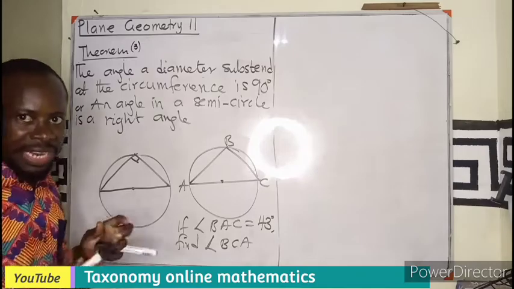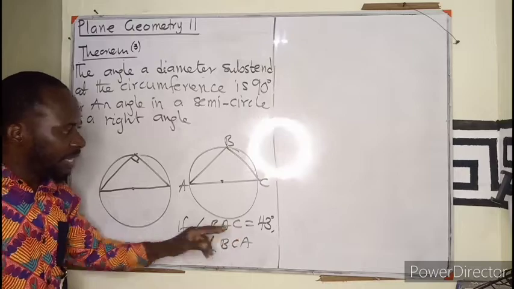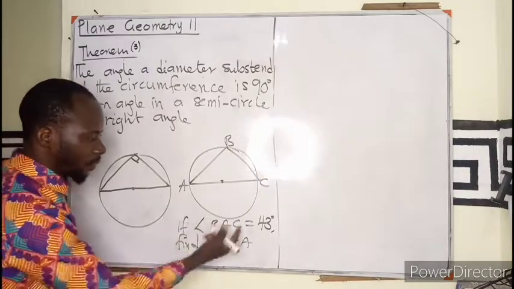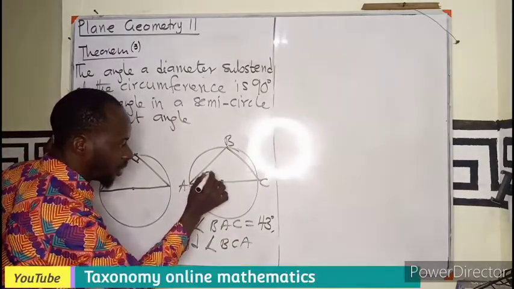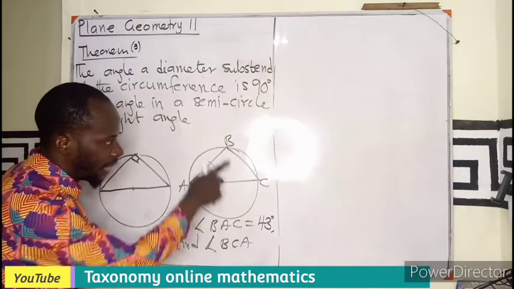So let's say we have a question like this. If the angle BAC is given to us as what? 43, it means here is going to be 43 degrees. Our task is to find the angle BCA.